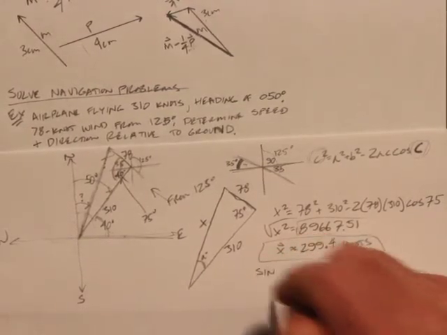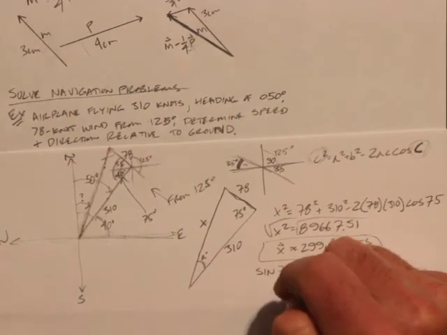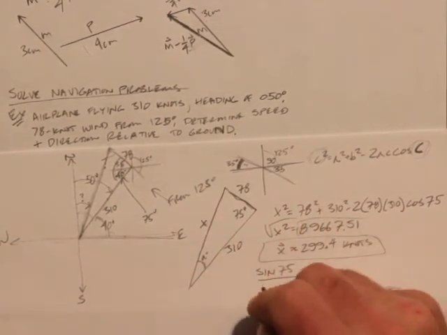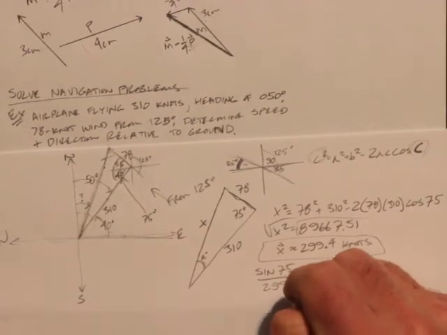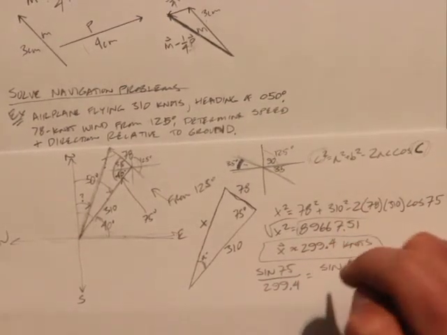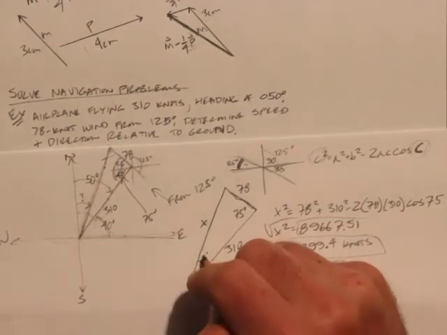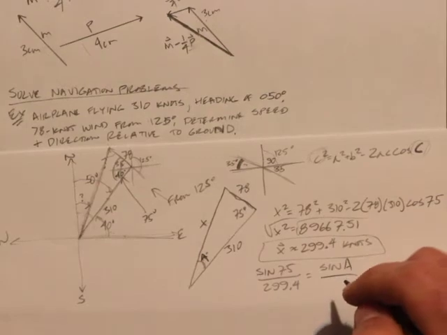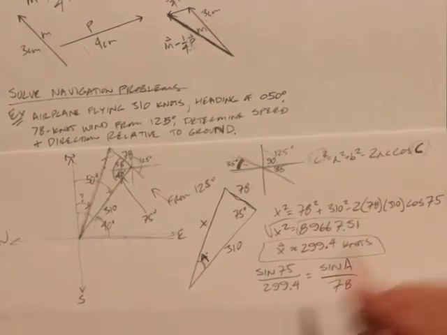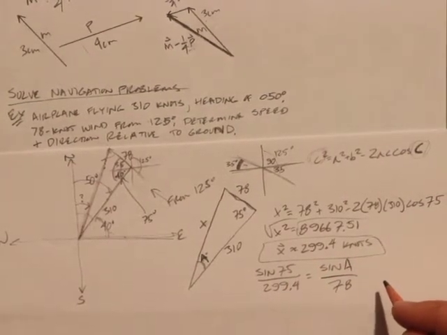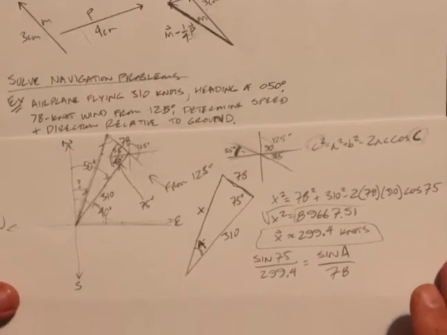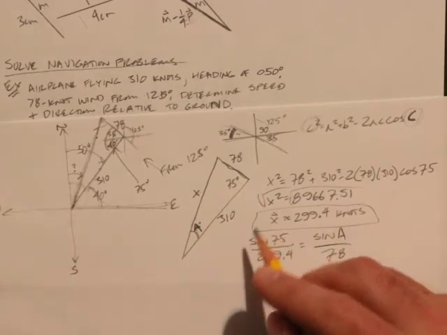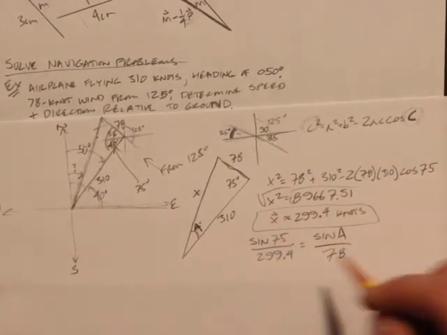Sine of 75 degrees over my x value here, which is 299.4, equals sine of my A, well, that should be a big A, right? Sine of A over 78. And now I solve this. Remember trigonometry? So let's see if we can figure the rest of this out.